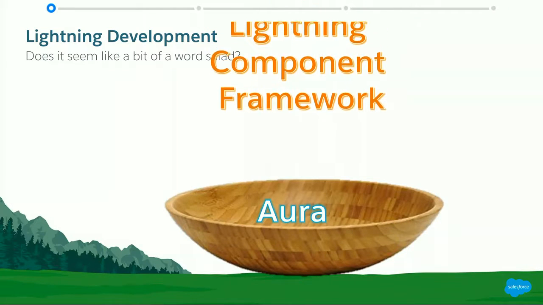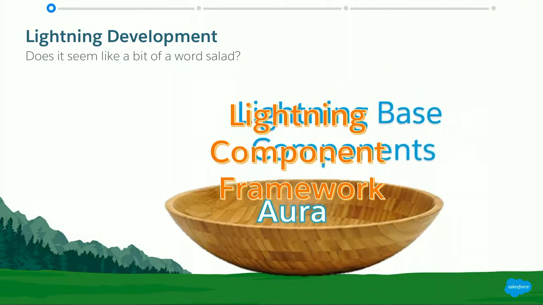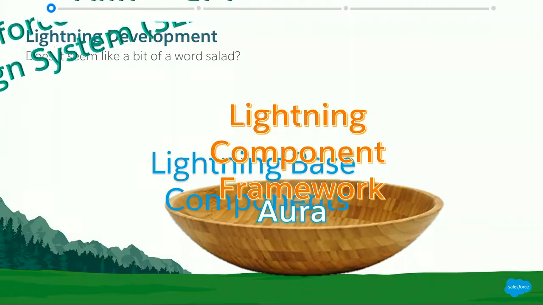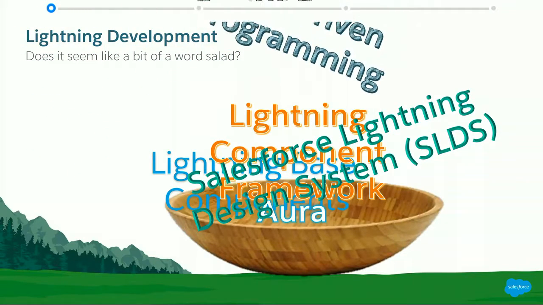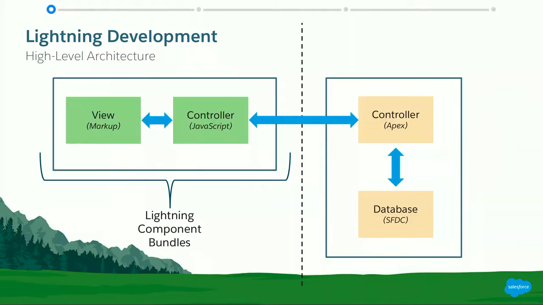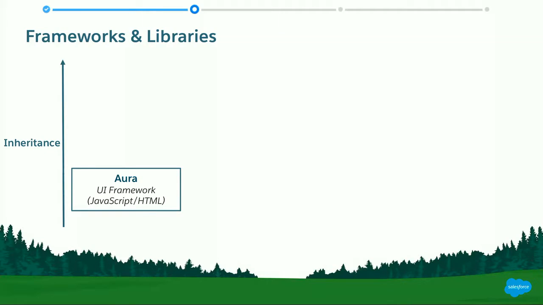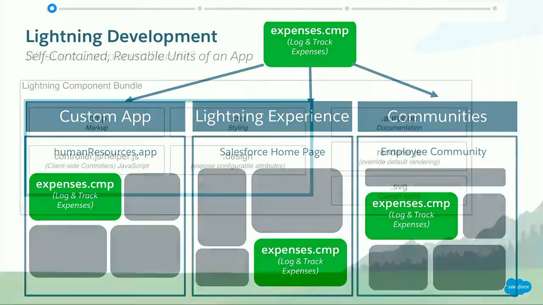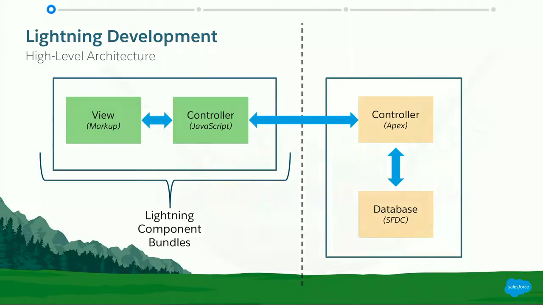There's Aura, there's the Lightning component framework, you've got Lightning-based components, a Salesforce Lightning design system, that one's super important. We've got event-driven programming as one of the big concepts that you're hearing a lot about. There's Lightning, whoa!